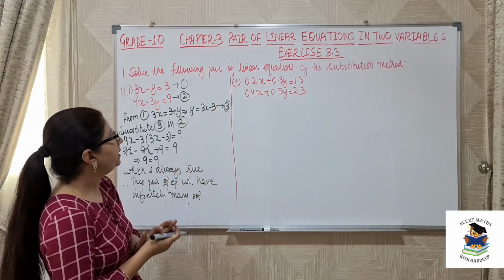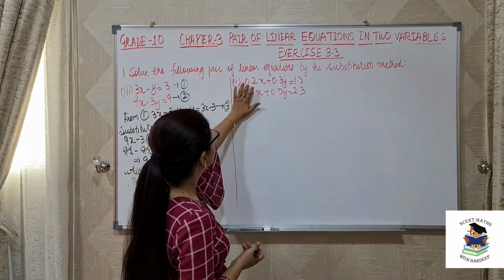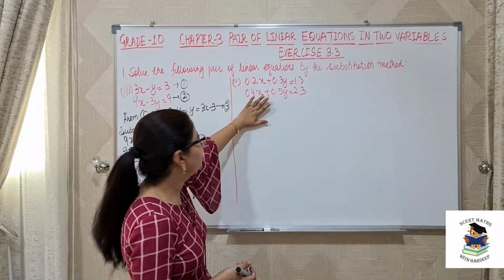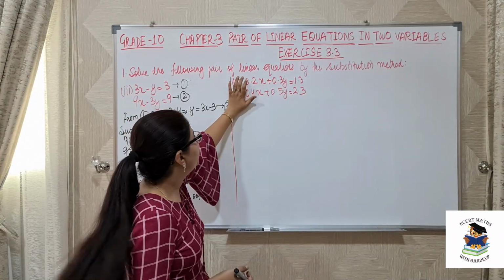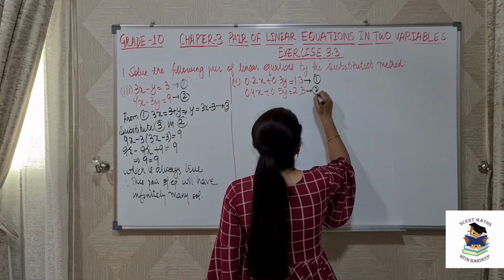Okay. So now let's see the fourth part. Here I can see in this first equation 0.2 and 0.3 are smaller numbers as compared to 0.4 and 0.5. So I am using the first equation to find the value. So let this be 1, let this be 2.